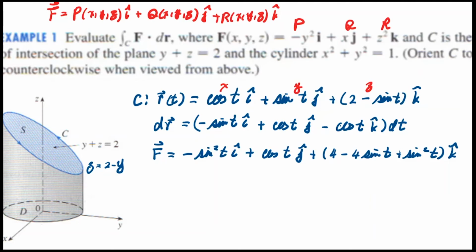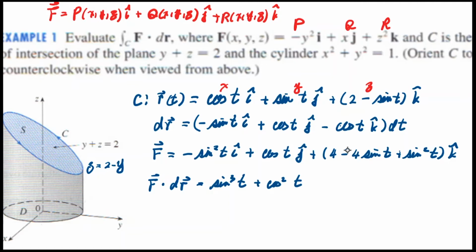Let's start then. So we need f dot dr now. f dot dr, dotting these two, we have sine cubed t. And dotting these two, we have cosine squared t.